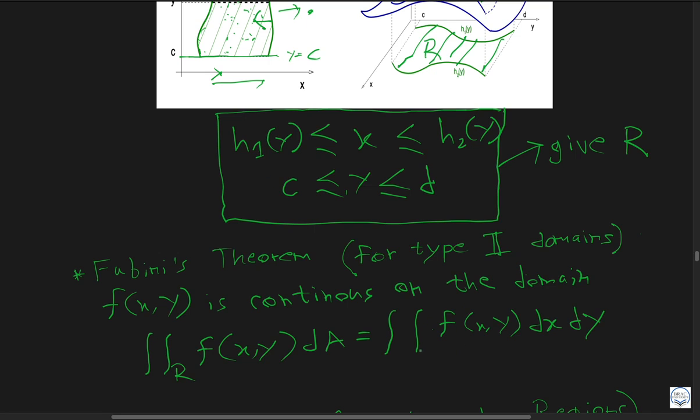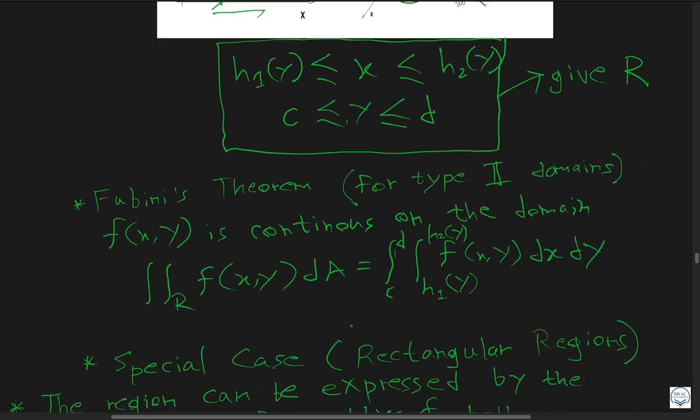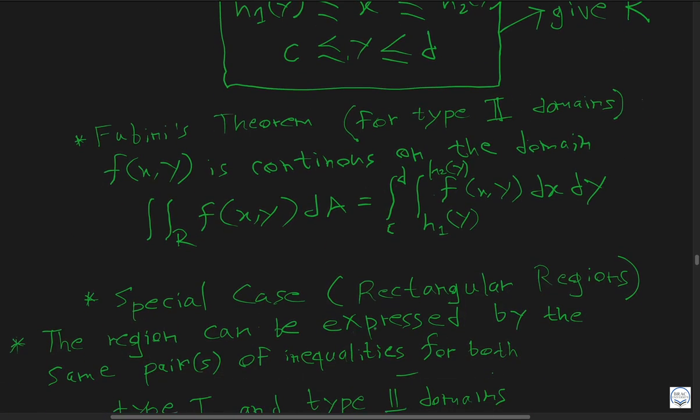So we know that x is bounded by this inequality. Just like the example for type 2 domains, it should be h sub 1 of y as the lower limit and h sub 2 of y as the upper limit, and the limits of y are c to d, because y is in between c and d, so the lower limit is c and the upper limit is d.